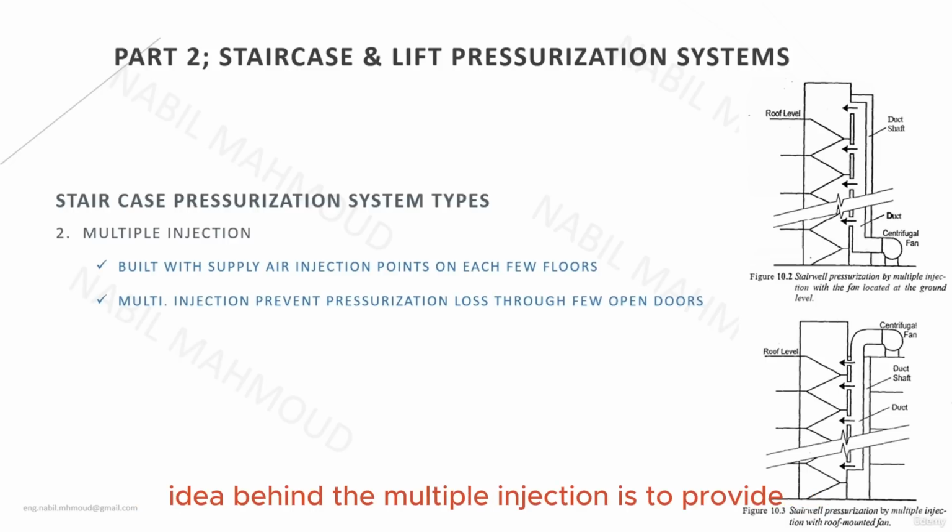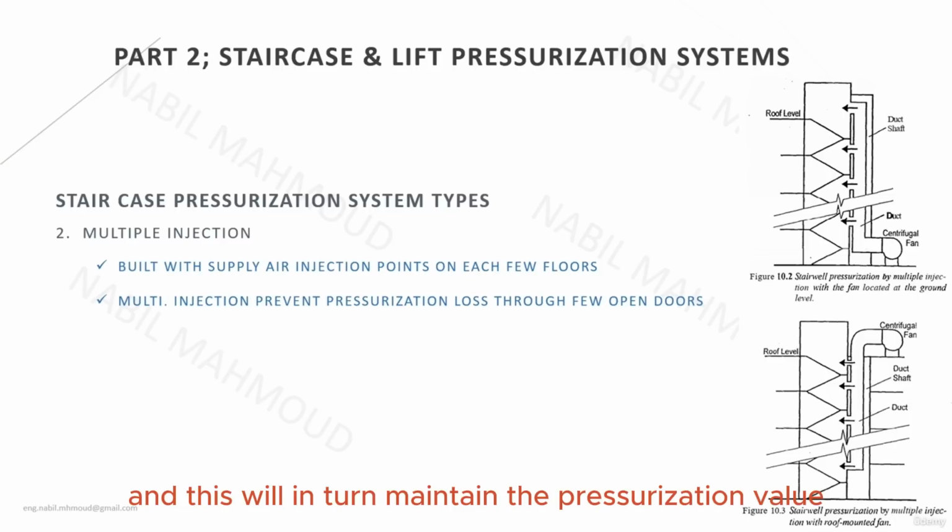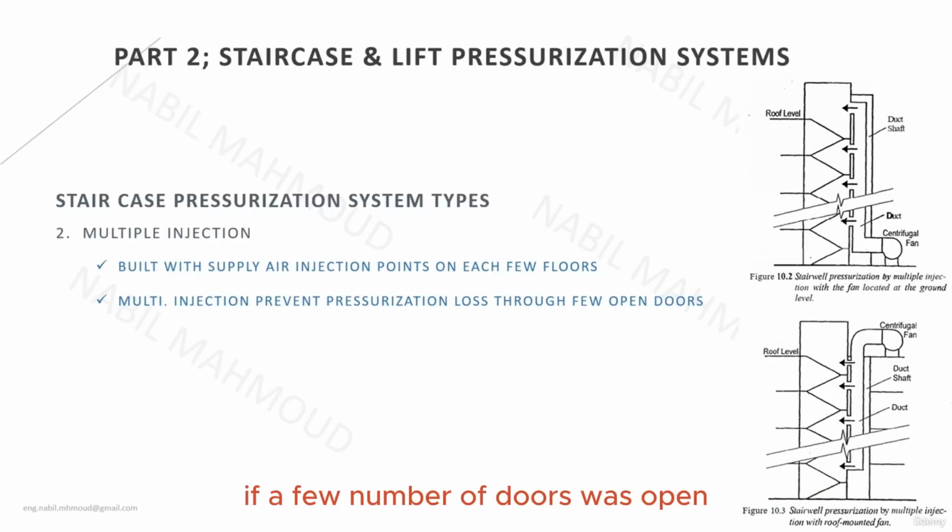So the main idea behind the multiple injection is to provide injection points at each floor or at a fixed interval each few floors, and this will in turn maintain the pressurization value if a few doors are open. It will provide a proper distribution of the pressurization air throughout the entire vertical section of the staircase.